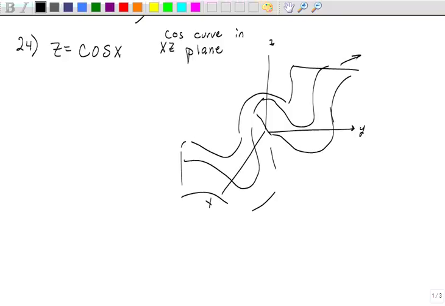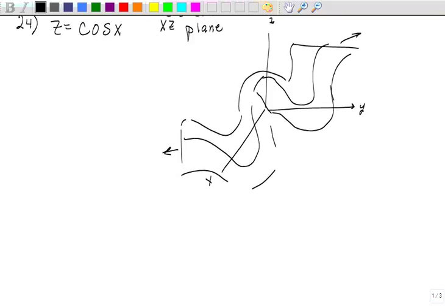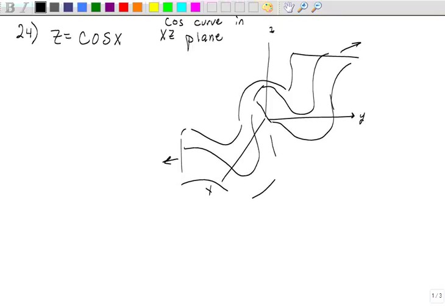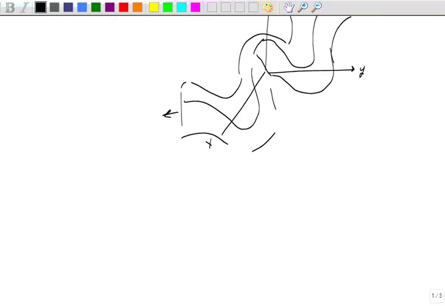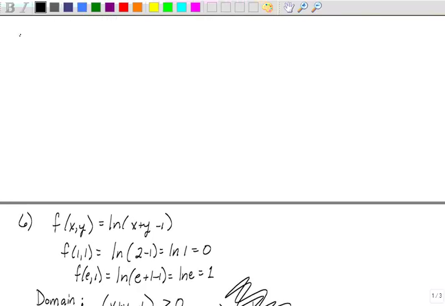And of course it goes on forever. So it's the cosine curve in the xz plane, but then it's going to spread out. And you can use Maple to draw all these.